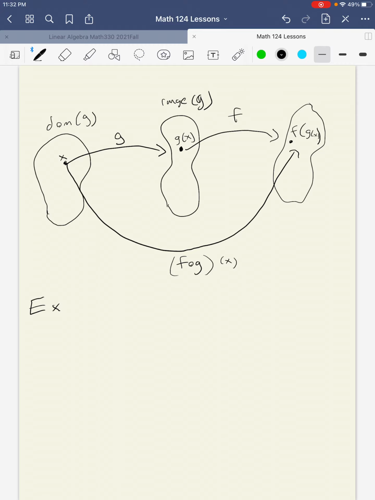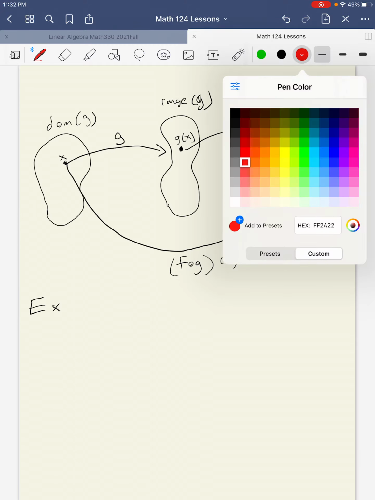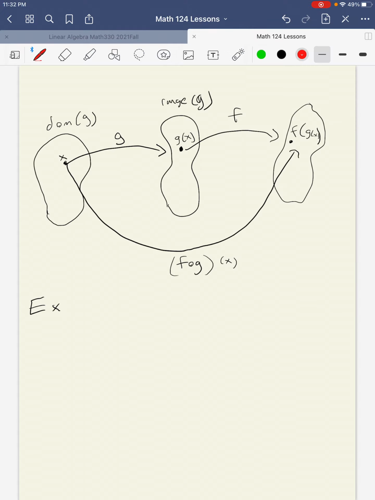So we could start easy. I will color code this as well. So f of x equal, I'll do this in red.